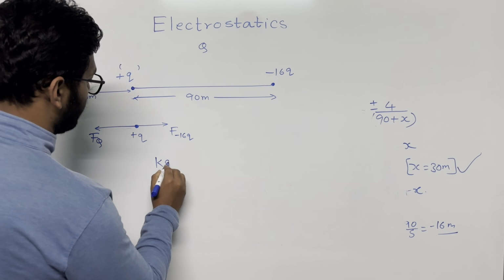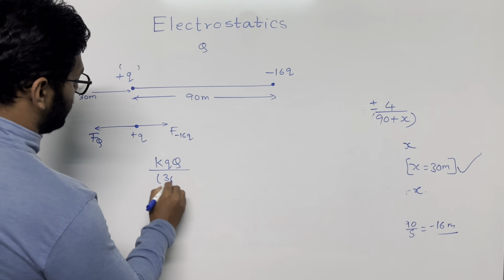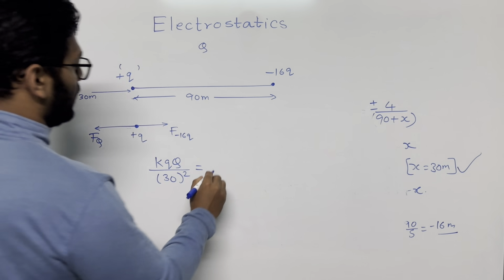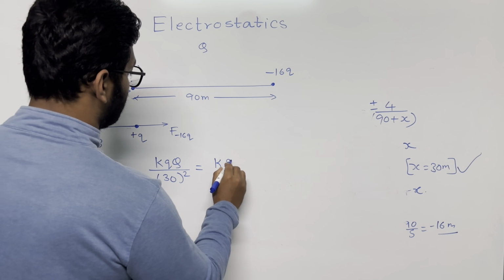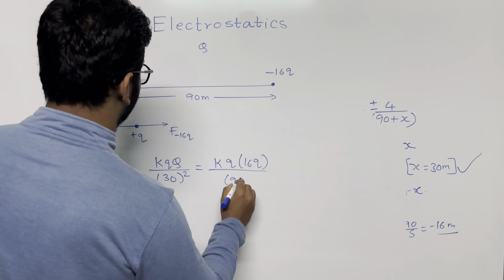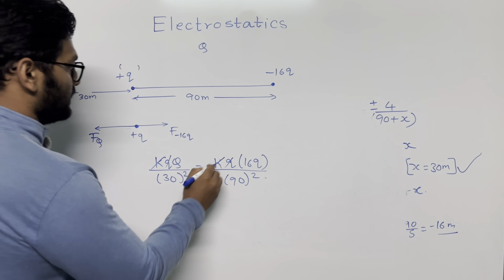So this will be KqQ upon 30 square, and now 16q will be applying a force, that is Kq into 16q, and the distance is 90 square. This q gets cancelled, this K gets cancelled.